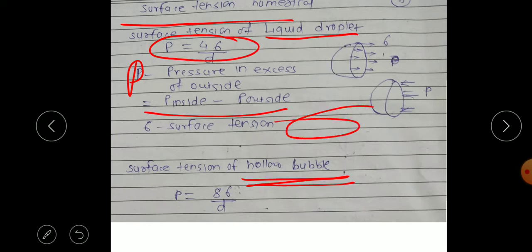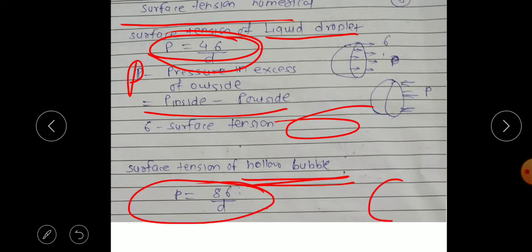So surface tension we can find from this, P is equal to 4 sigma by D for the liquid droplet. For a hollow bubble, air is present inside the bubble as well as outside the bubble. So for that we get two times, P is equal to 8 sigma by D for the hollow bubble.